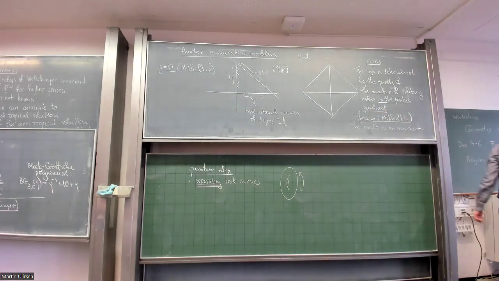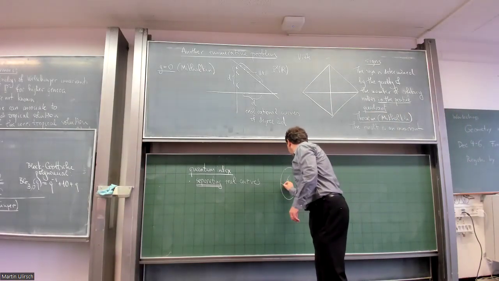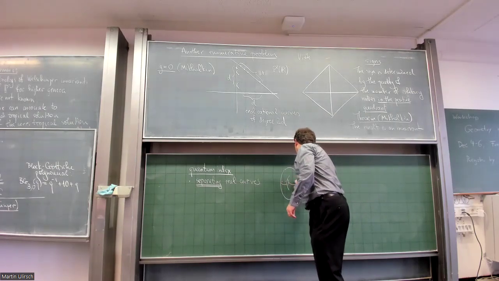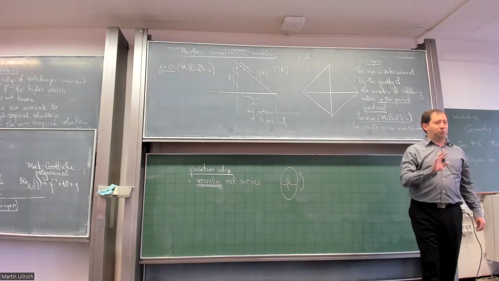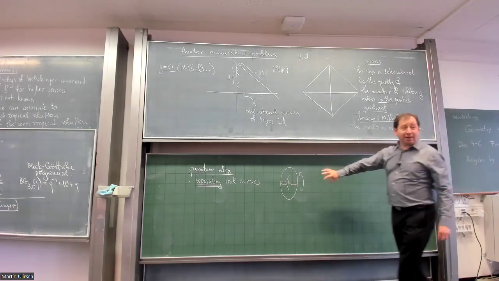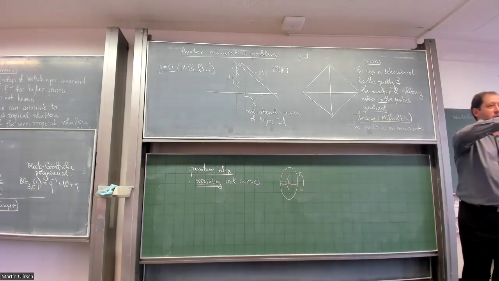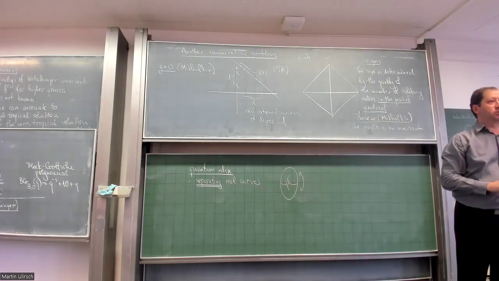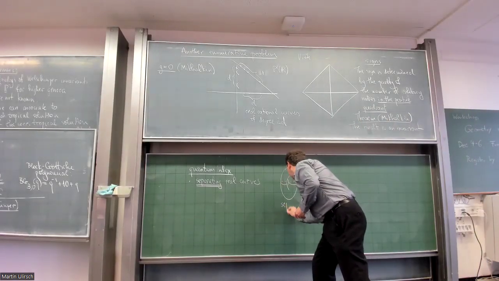So this involution has a fixed locus. And there are two possible situations. It can happen that this fixed locus divides our Riemann surface into halves exchanged by the complex conjugation. That's what I will call a separating real curve.